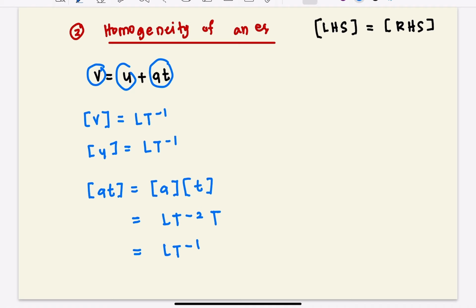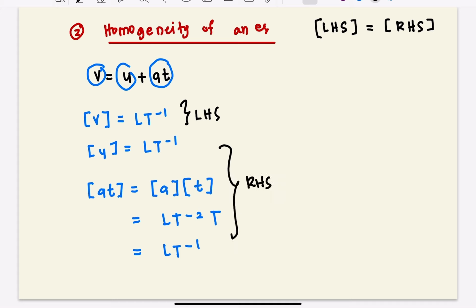All of this, you can say that your left hand side is V, which has LT minus 1. Senang tulis macam ni lah, malas nak tulis banyak-banyak. Okay, you have this as your left hand side and this part is your right hand side.